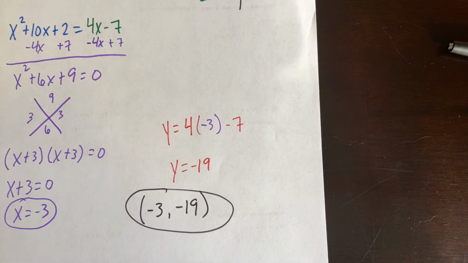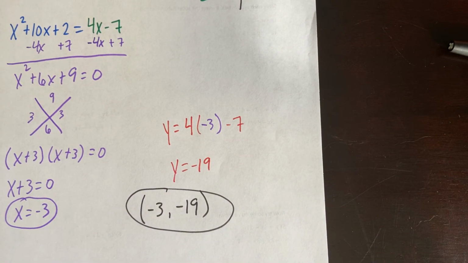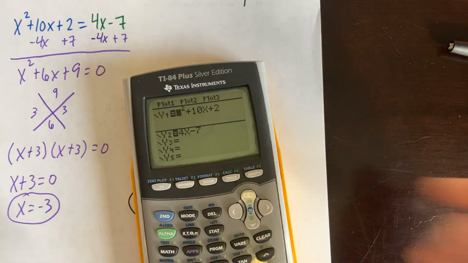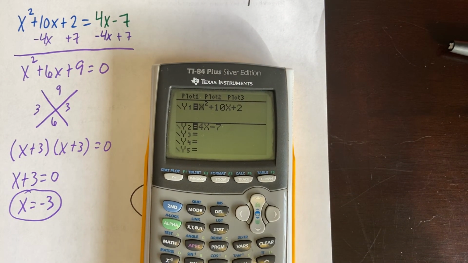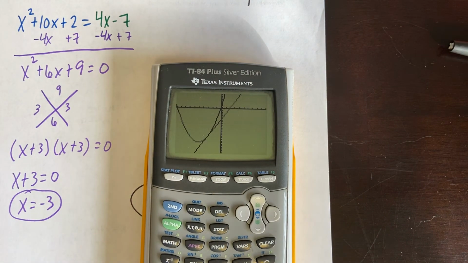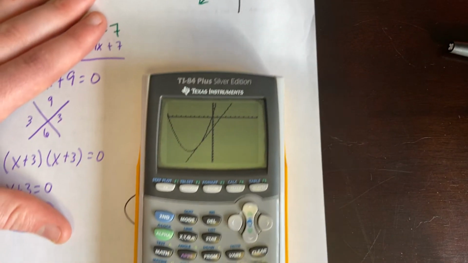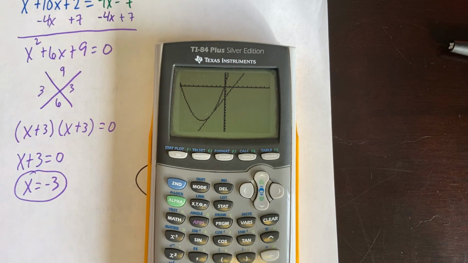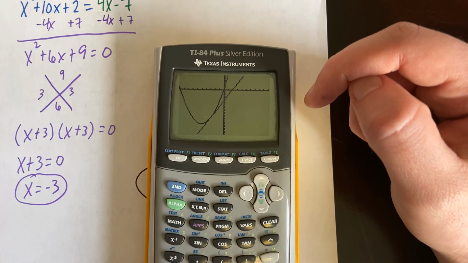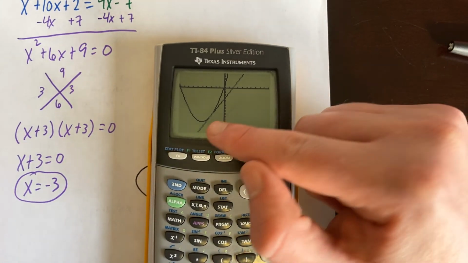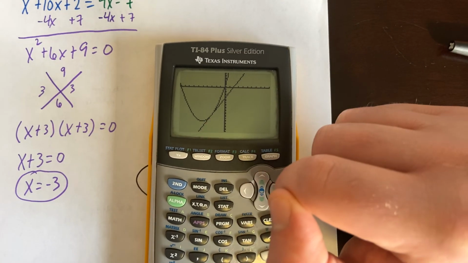And I went ahead and put this in my graphing calculator just so you can see it. So here are the two equations. We've got that blue quadratic, we've got the green line. If I hit graph on my graphing calculator, you can see it actually looks very similar to the example that I showed you. Notice how this line doesn't go inside the quadratic at all.